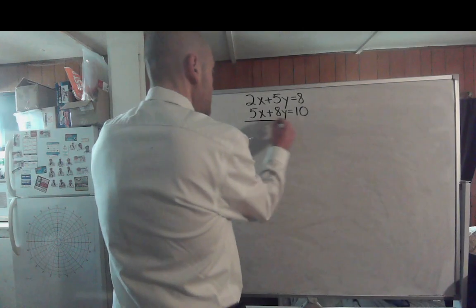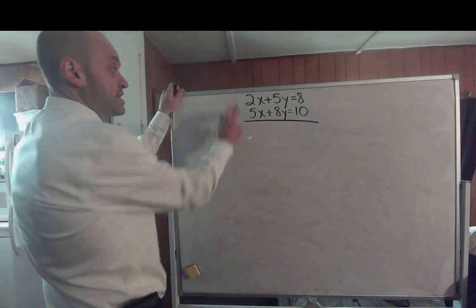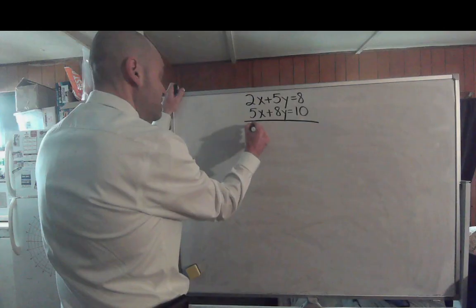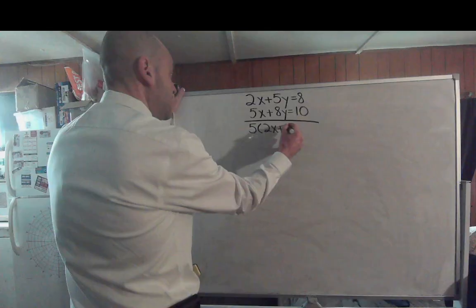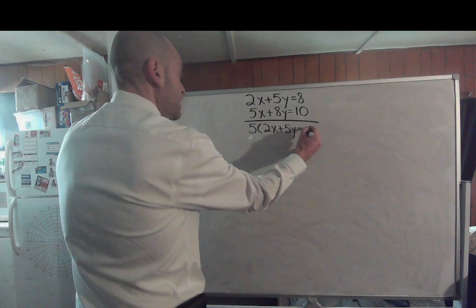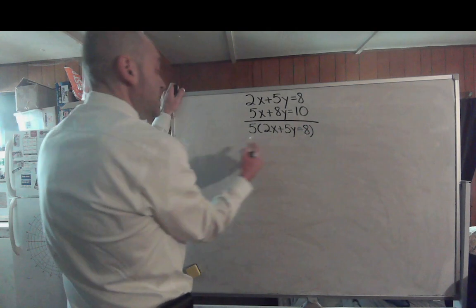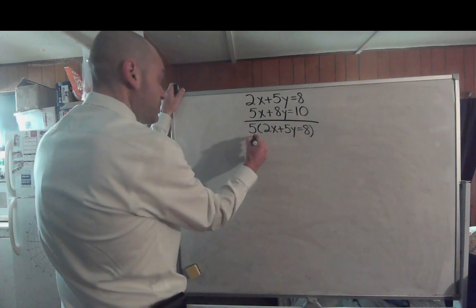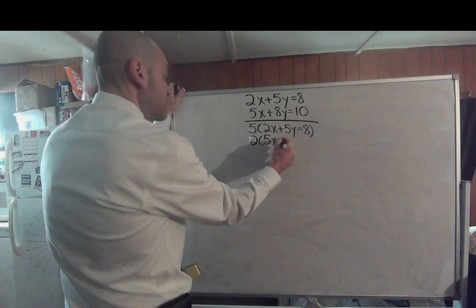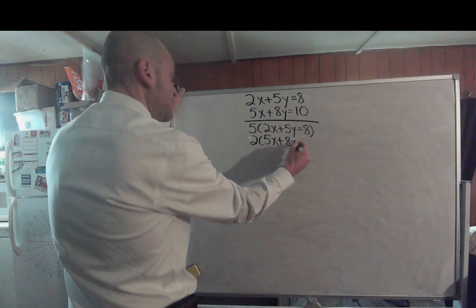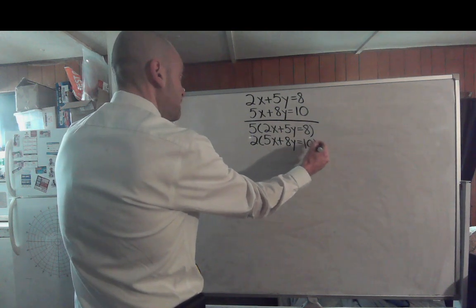So that means we need to multiply the top row by 5. So 5 times that 2x plus 5y equals 8. And then multiply the second row by 2. So 2 times 5x plus 8y is equal to 10.